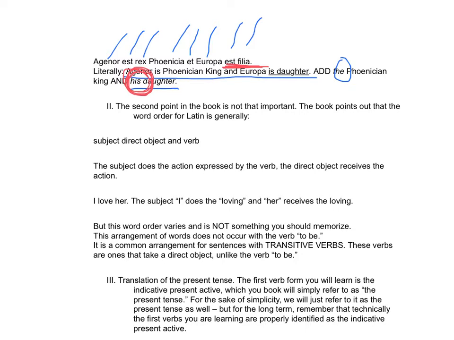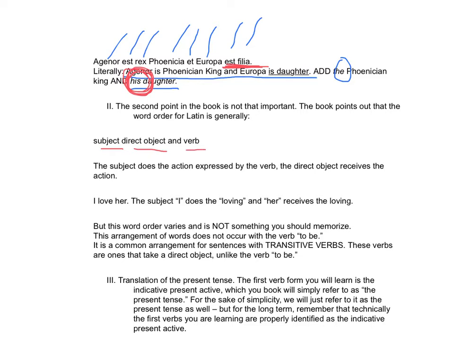The second point in the book is not that important. Don't memorize this point. Don't labor over it and be disappointed when this description breaks down. I wouldn't even include it in the book, but I want to make sure you understand what is important about it. The book points out that Latin word order is generally subject, direct object, and verb.